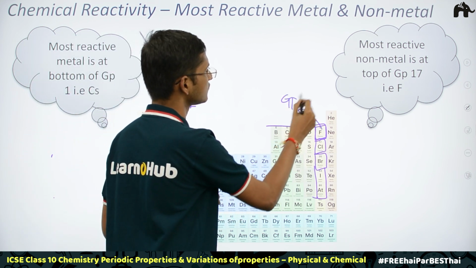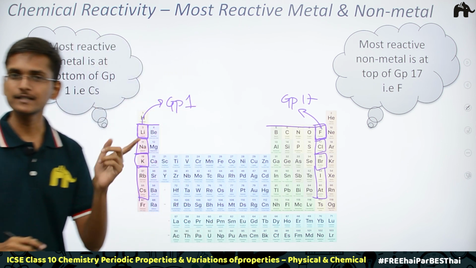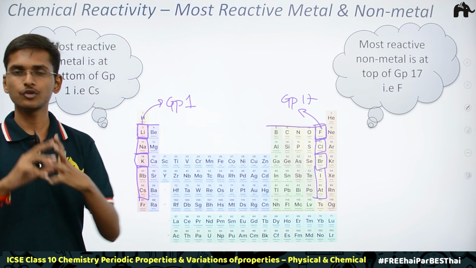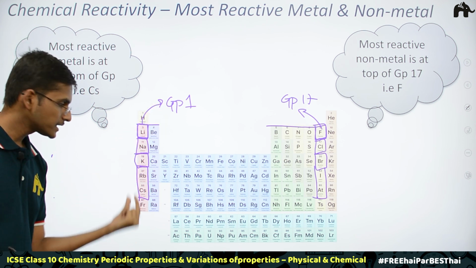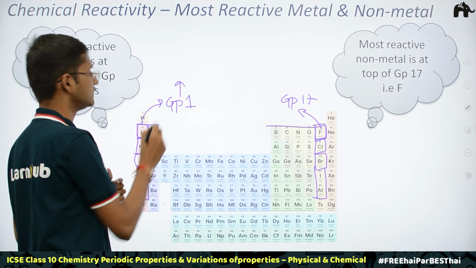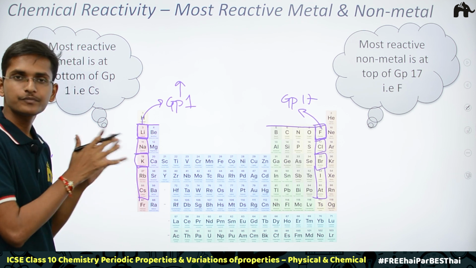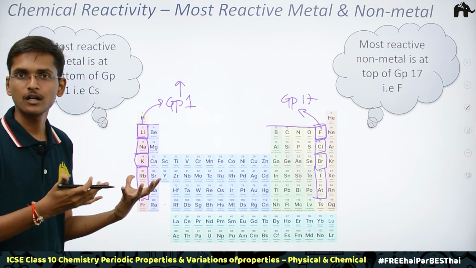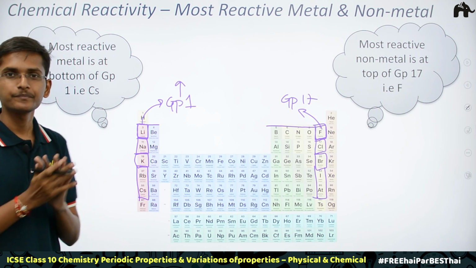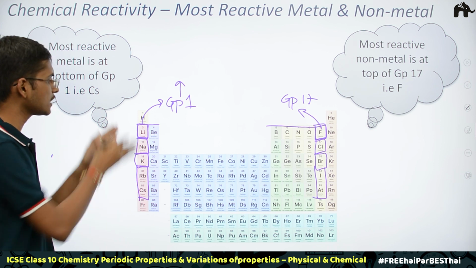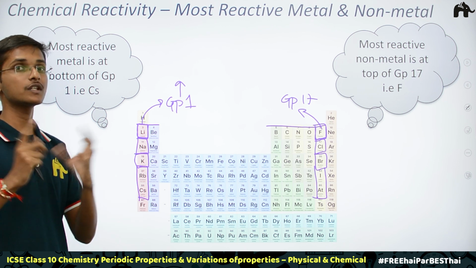Among these, we have to find the most reactive metals and the most reactive non-metal. We know that group 1 are metals, so these are all the most reactive metals. But which one among these is most reactive? This is the question. Once we find it, we get our most reactive metal in the periodic table.